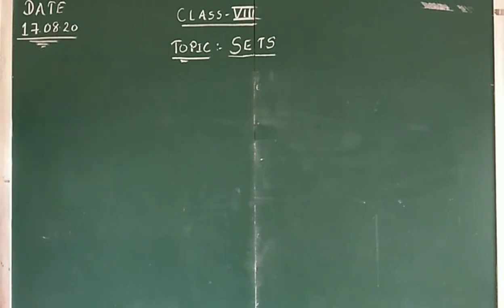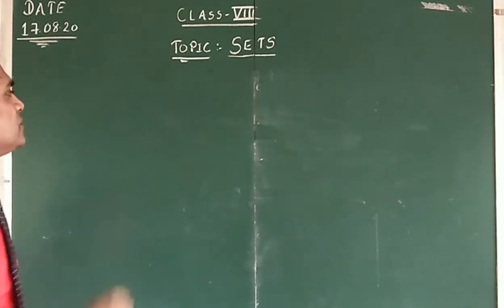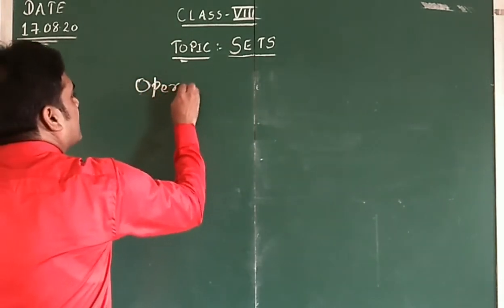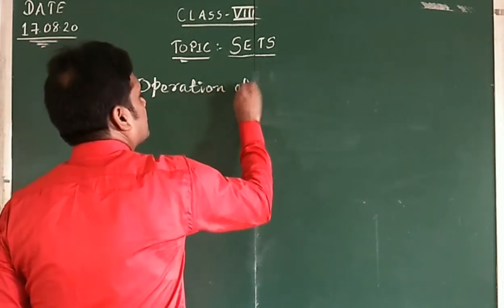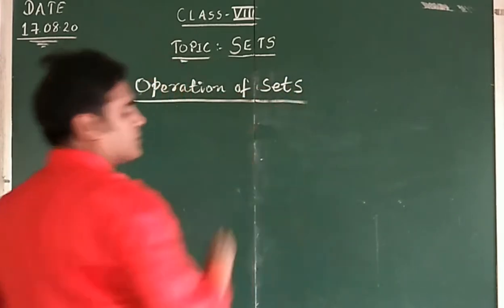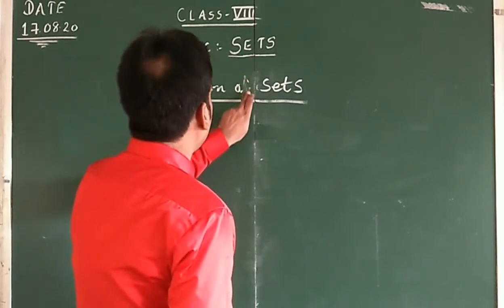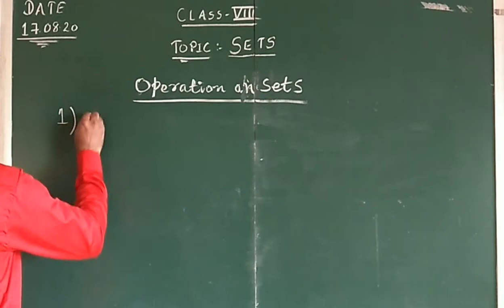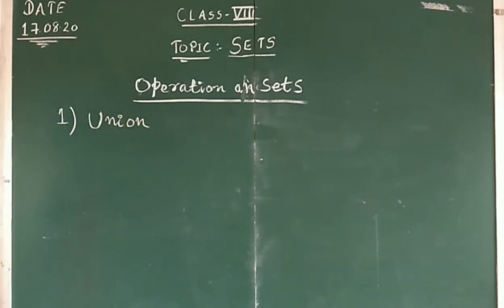There are many types of operations in sets. The first operation under sets is union. Union of sets.